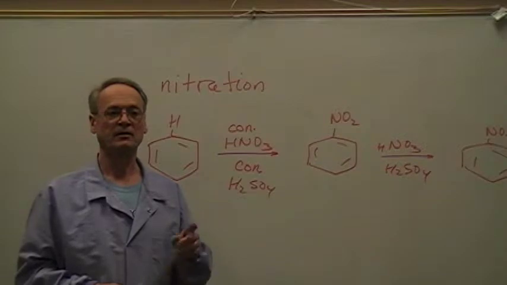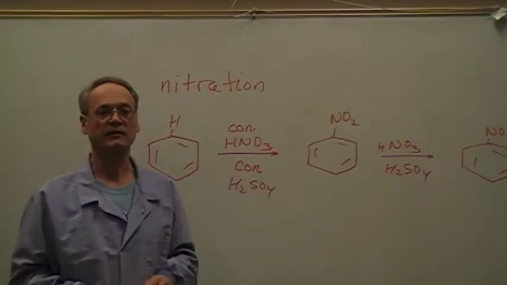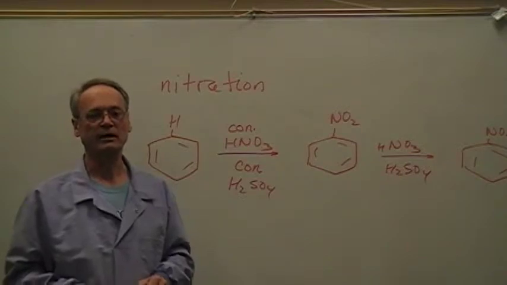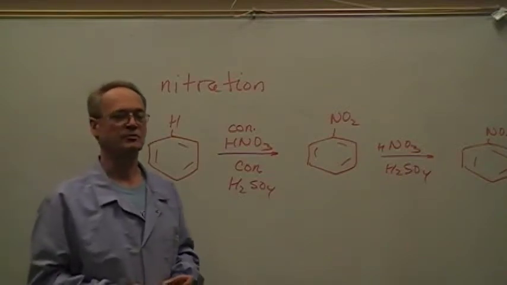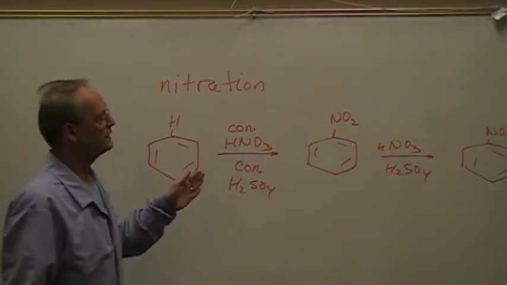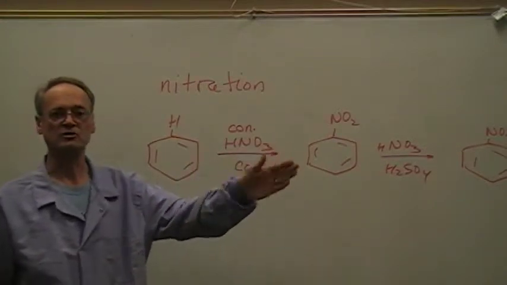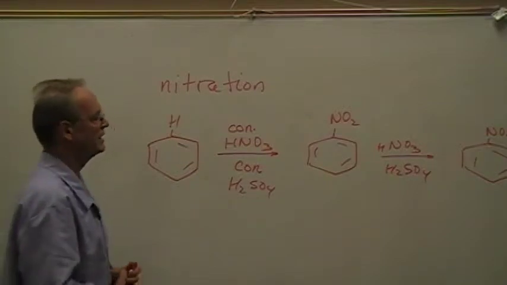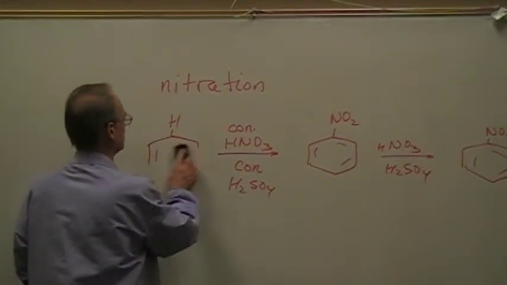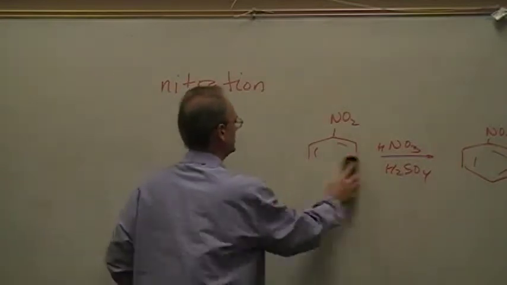Trinitrotoluene, what's that? TNT, very explosive. It turns out trinitrobenzene, if you were to put a third nitro group on, is even more explosive than trinitrotoluene or TNT. So generally you don't do that, but it is possible. In each case you have to make the conditions more severe to put a second and then a third nitro group on. Okay, so that's the first of our 5 reactions, nitration.